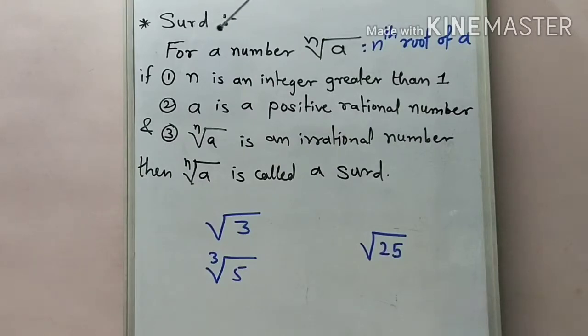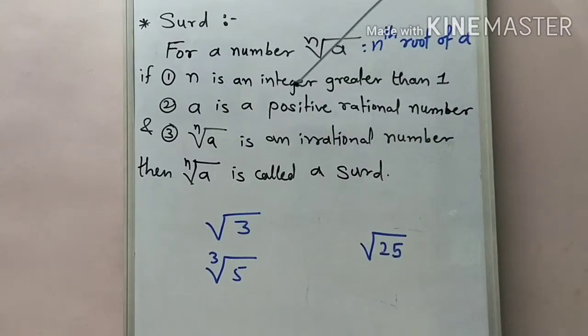We call it a surd if it satisfies these three conditions. So what are the conditions? For a number nth root of a, first, n is an integer greater than 1. Here is small n, and that value is greater than 1.